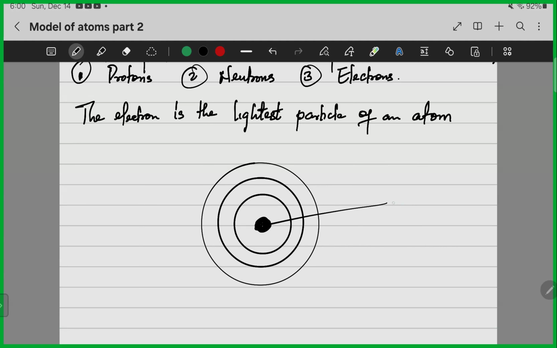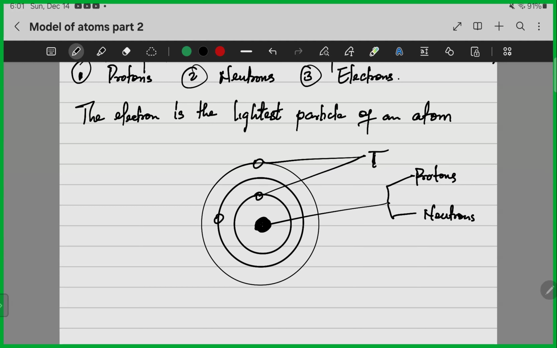In the nucleus, we have protons and neutrons. On the orbits, you can find electrons anywhere.